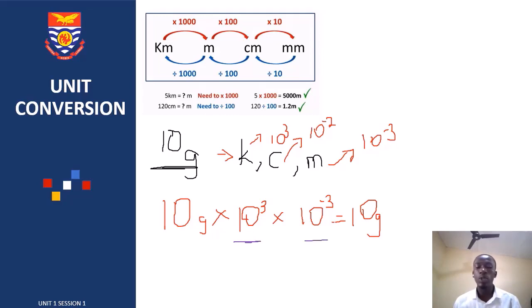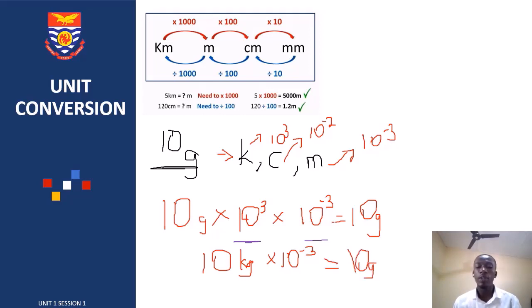So what we have to do next is to just move this one and replace it by the kilo, that's the k, so that we get our 10 k, which is going to be attached to the unit, that's our gram, and still multiplied by 10 raised to the power minus 3, because that one is not changed. And we are still going to get this to be equal to 10 grams.